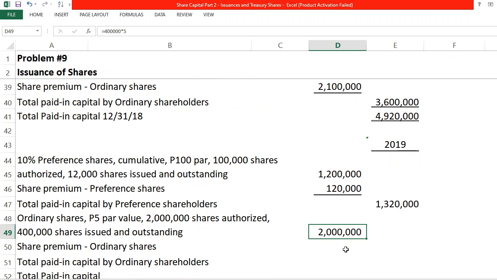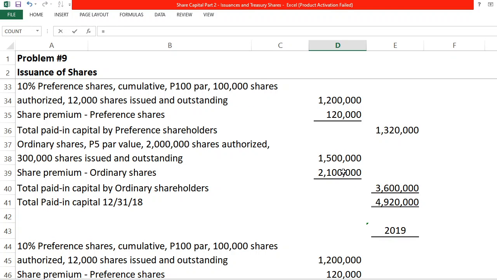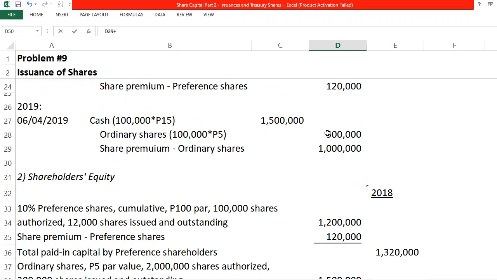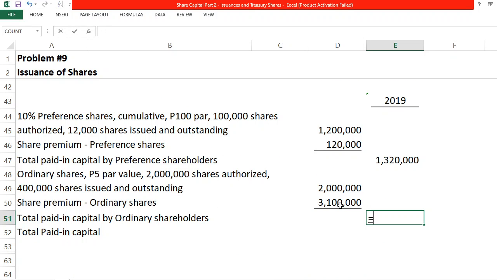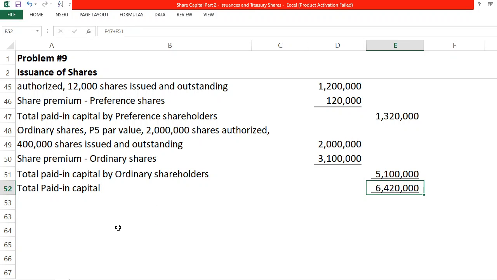And then our share premium, this is our share premium at the end of 2018. Then let's just add this transaction in 2019. Therefore, our share premium is 3.1 million, a total of 5.1 paid in capital for ordinary shares, and total paid in capital as of 12/31/2019 is 6.42 million.